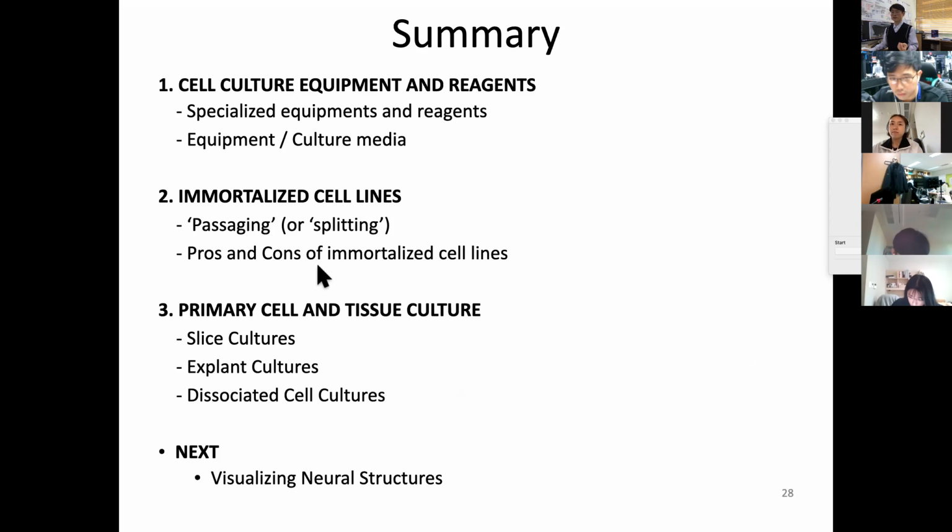While in neuroscience, we sometimes use primary cell and tissue culture, with slice culture to preserve the connections and orientation, and sometimes explant culture to take out only regions of interest in the brain and see the behavior, or sometimes completely take out that part as single cells, and we study those single neurons in dissociated cell culture. Okay, this is the end, and next time, visualizing neural structures.